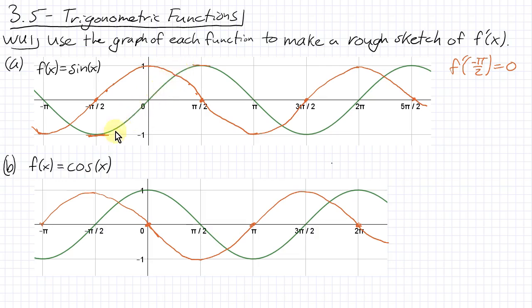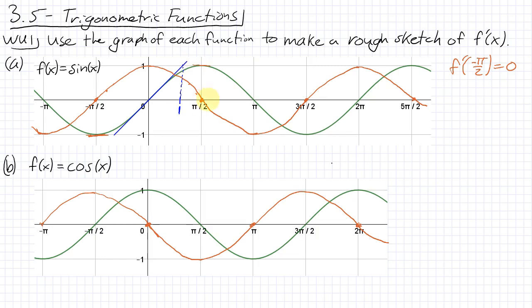It looks like it's approximately 1, because if you draw a tangent line, it would have that slope, and pi over 2 is about 1.57, so it's reasonable to say this might be about 1 here, in which case the slope is about 1 over 1. That's not a bad guess, but you might have gotten something else.